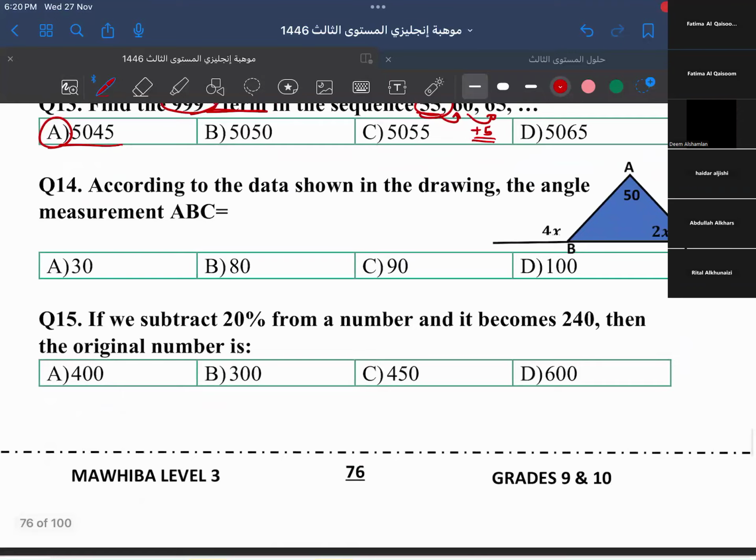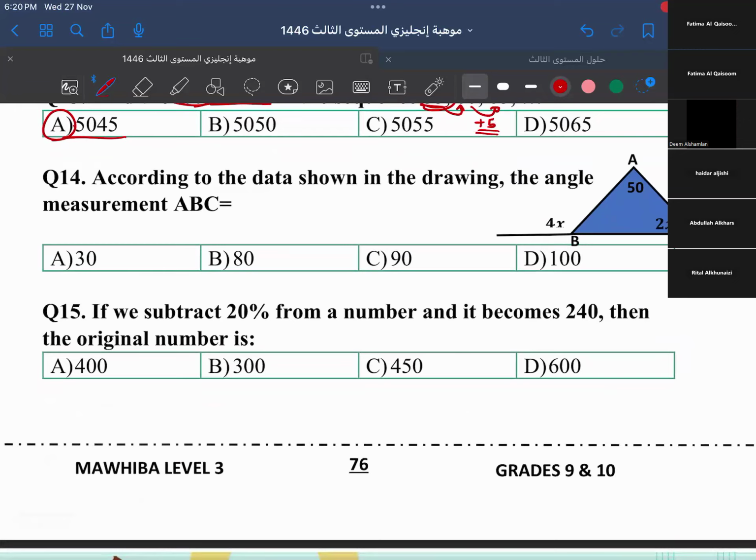Okay. يلا, question 14. In question 14 here we have a triangle and an outside angle. And we're looking for the measurement of ABC. What does ABC mean? Yes, Haida? I think ABC means the angle. So like ABC, the angle at B, the inside part. Exactly, ممتاز.